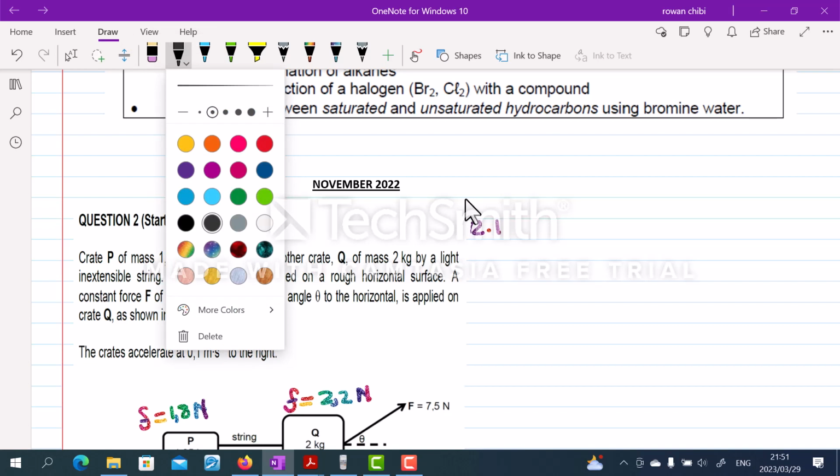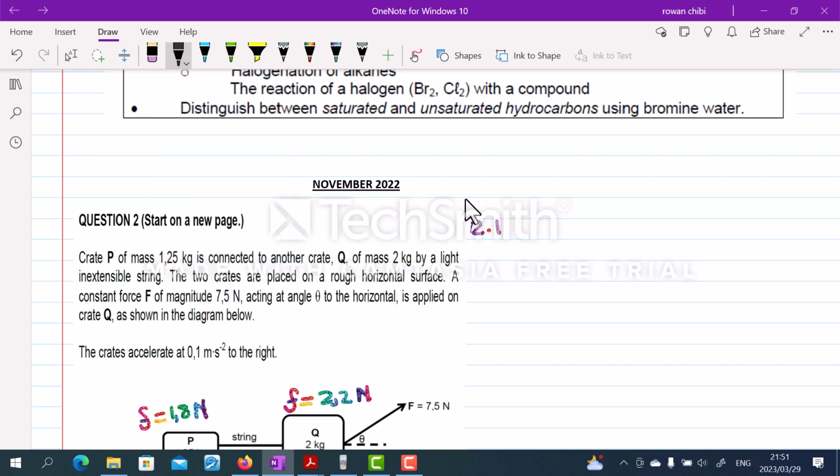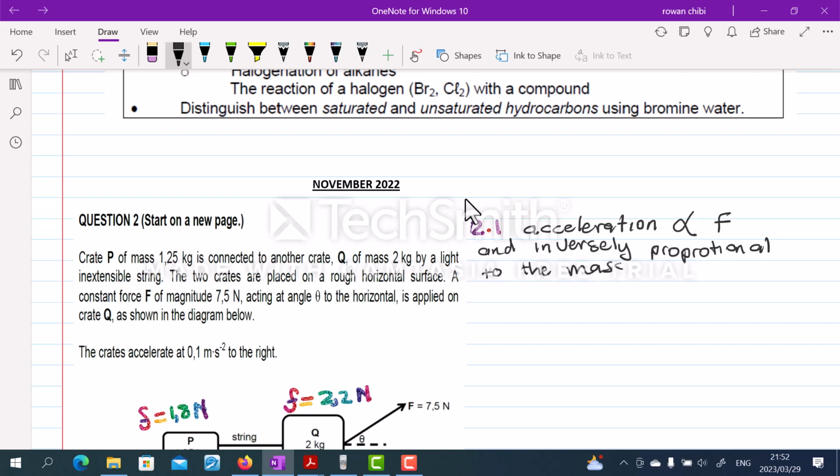So write it here. Newton's second law says the acceleration is directly proportional to the force and inversely proportional to the mass.